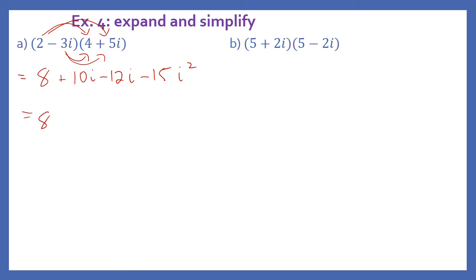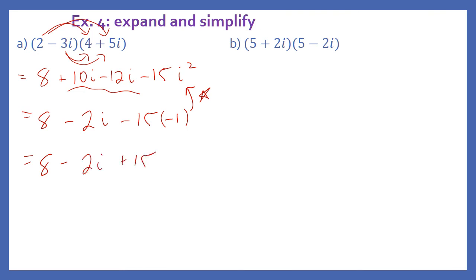Collecting like terms gives us negative 2i. And we can keep going with this because i squared, we learned, is negative 1. Let's get the little star there, don't forget: i squared is negative 1. So 8 minus 2i, and that becomes plus 15, which is 23 minus 2i.